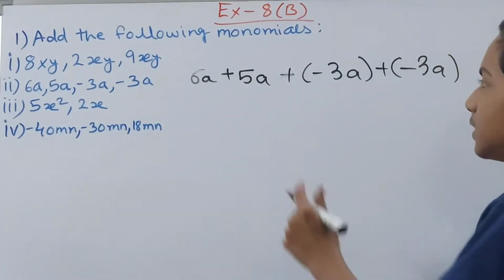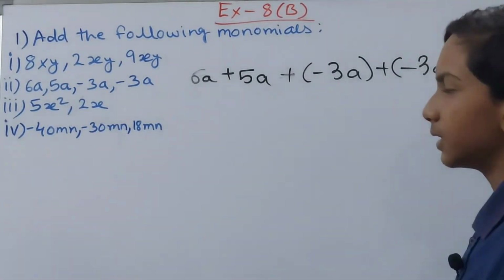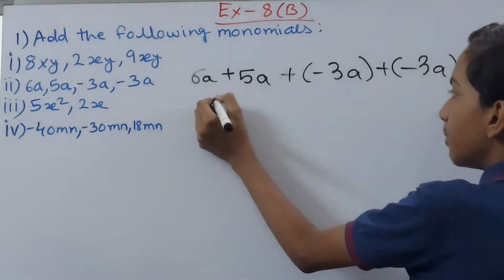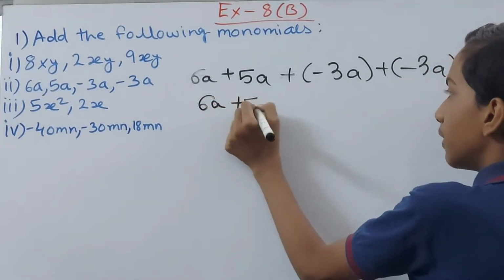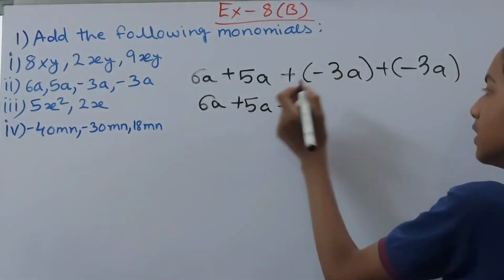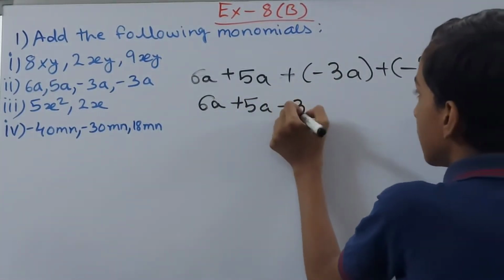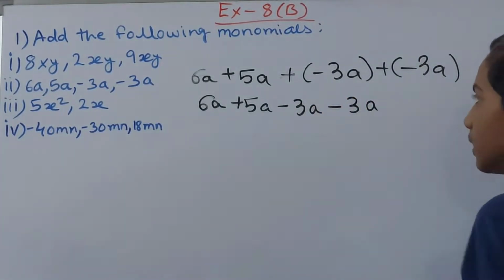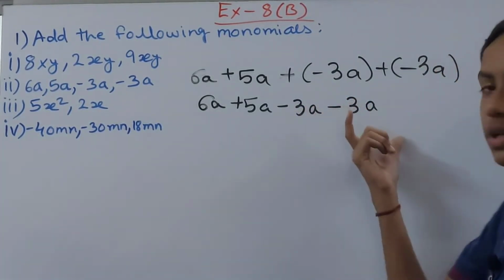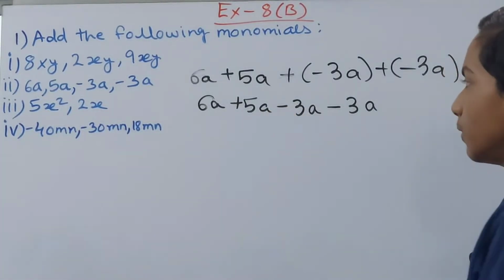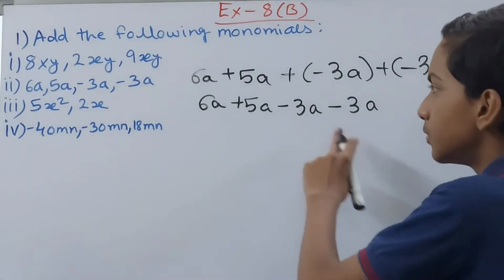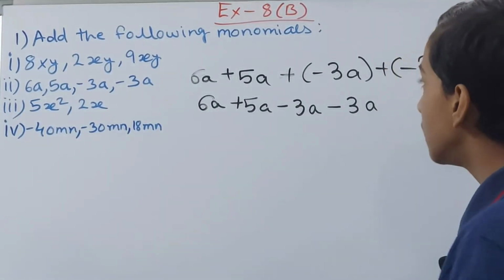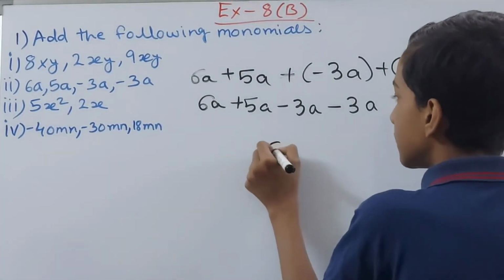Now 6a plus 5a, you solve this. First of all let us open our brackets. So 6a plus 5a will be as it is, plus minus minus 3a, plus minus minus 3a. Now you can see all the terms have a in their variable part, so we write a as the variable part.